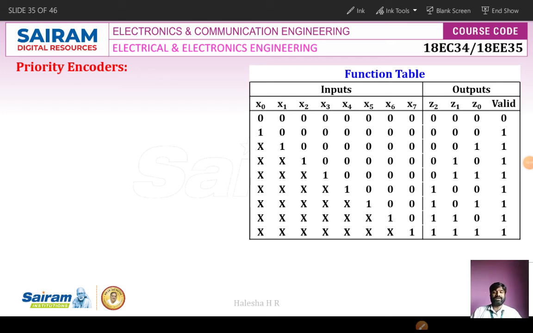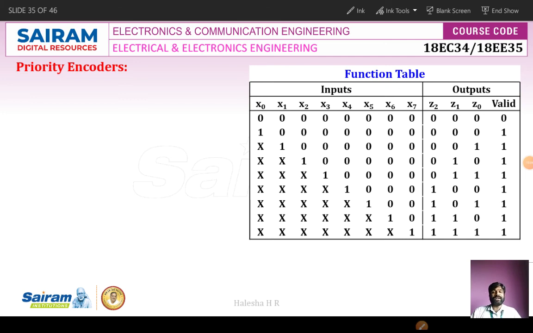Now the question is, when x0 is don't care, it can be either 0 or 1. If it is 1, then two inputs are selected, the remaining are not selected, and still the output corresponds to x1. So we say 1 means high priority, 0 means low priority. In this third row, when x0 is 1 and x1 is 1, both x0 and x1 are high priority, and the remaining are low priority.